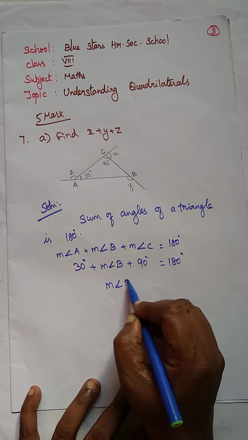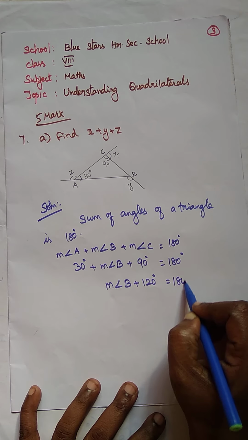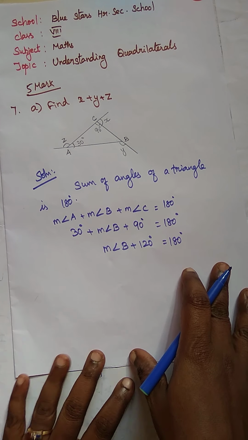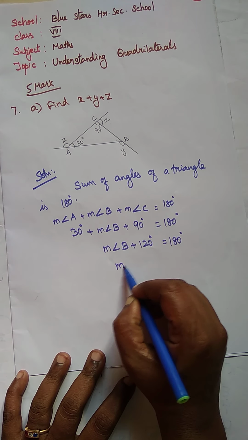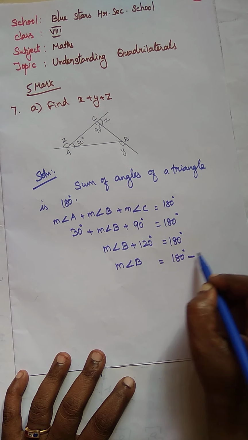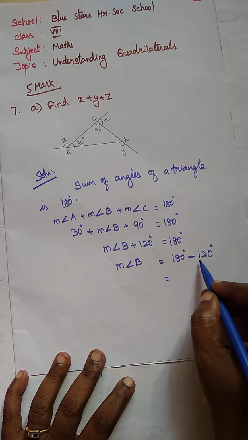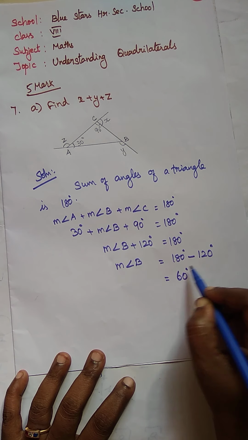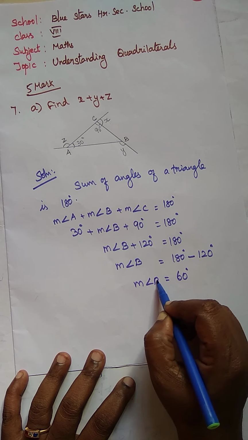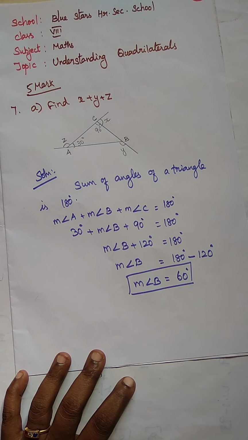So angle B plus 120 degrees is equal to 180 degrees. Now we want to find angle B. So angle B is equal to 180 degrees minus 120 degrees, which is 60 degrees. This is the interior angle, 60 degrees.